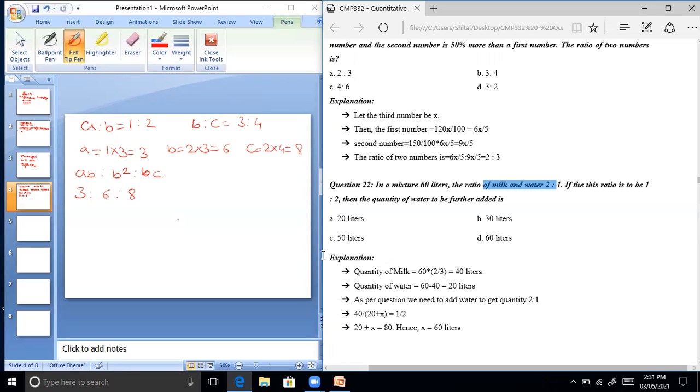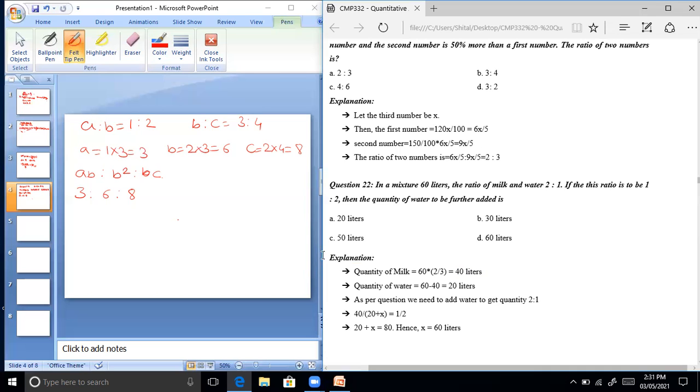First we will see the quantity of milk in the mixture of 60 liters. Quantity of milk is 2 divided by 2 plus 1, that is total is 3. So you will get 40 liters of the quantity of milk, and the remaining 60 minus 40 is 20 liters of water.